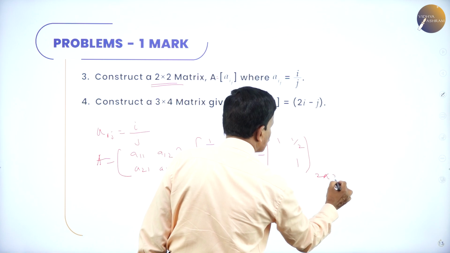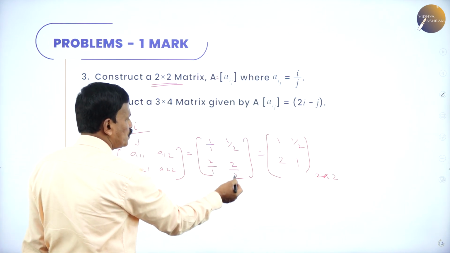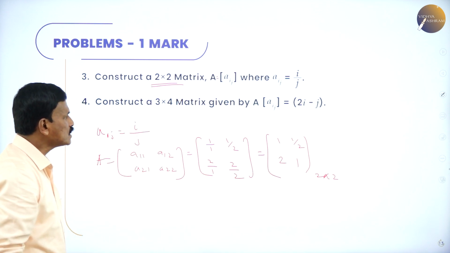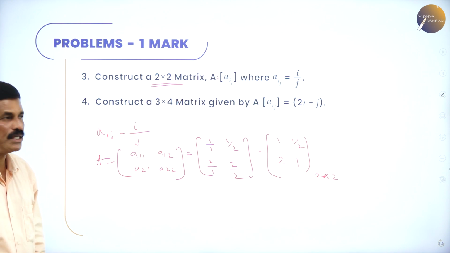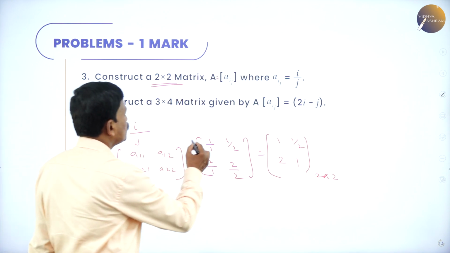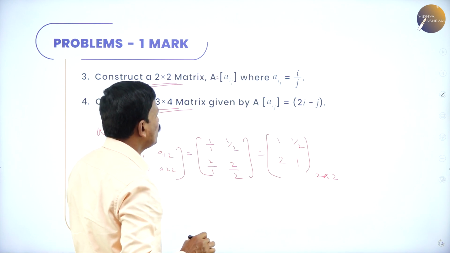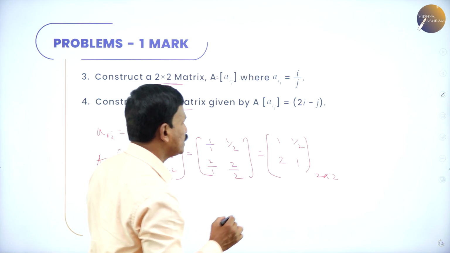So this is a matrix of order 2 cross 2: 1, 1 by 2, 2, 1. This is the matrix of the form i by j. Now another matrix, write a matrix of order 3 cross 4 given by aij is equal to 2i minus j.